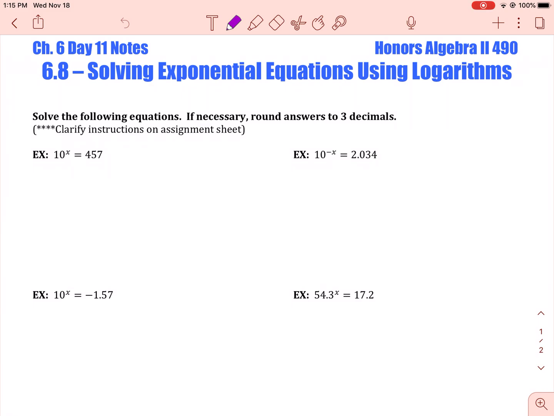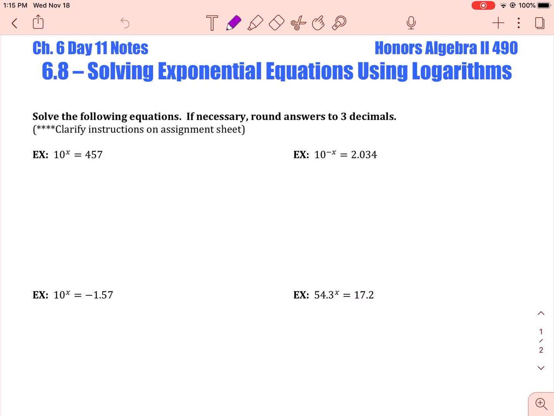The directions for 14 to 24 are solve the equation by first transforming so that the base is 10. Ignore that. Don't worry about getting it to a base of 10. We're going to show you ways in the video today on how to solve problems like 14 to 24. You do not need to get them to base 10.